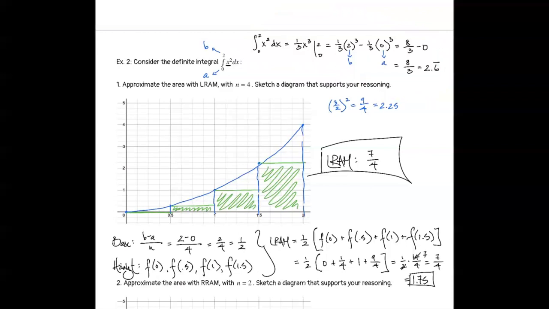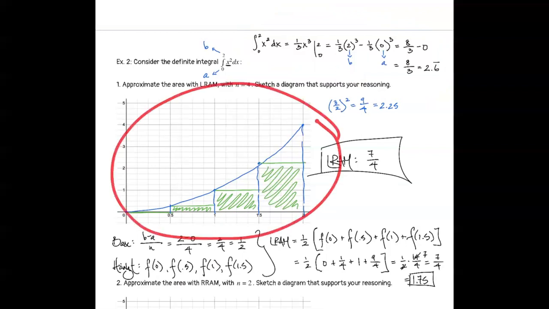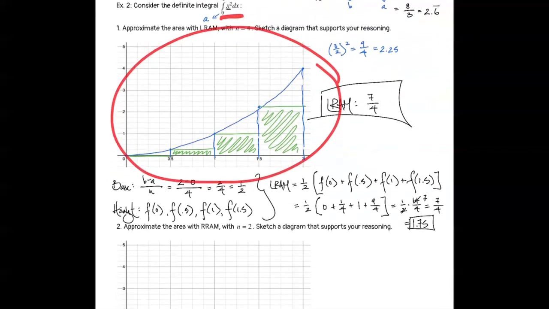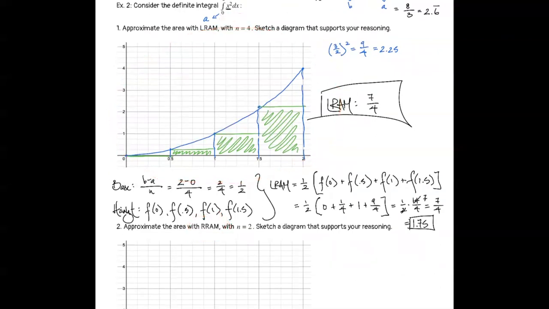All right, so we're going to take a look at this same function, x squared, but in part 2, we're going to look at the right rectangular approximation. Okay, so if we know that the function looks like this, do you expect that the right approximation will be an overestimate, an underestimate, or perfectly perfect?